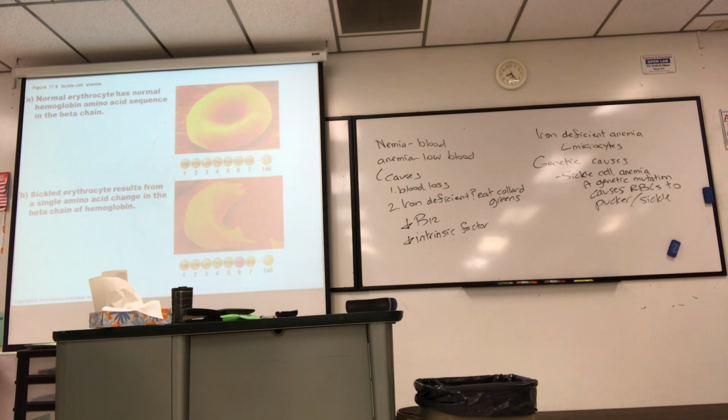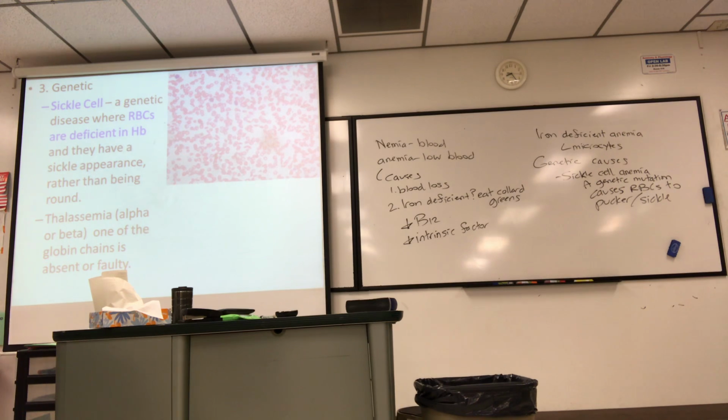So again, maybe you'd rather have this than malaria. Okay. So it was selected, and you still see it, and you can treat sickle cell anemia. There's blood transfusions, different things you can do to help these patients. The other kind, to go back to the previous slide, was thalassemia.